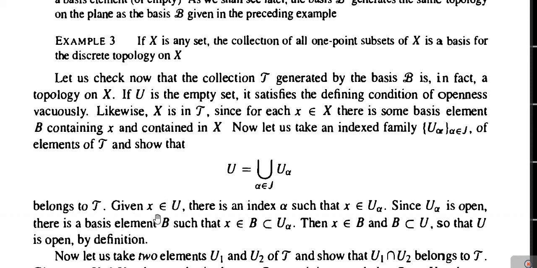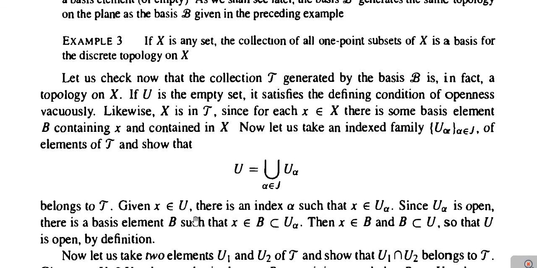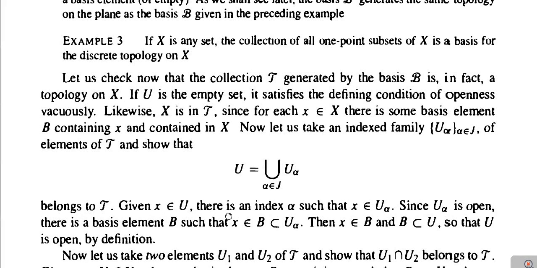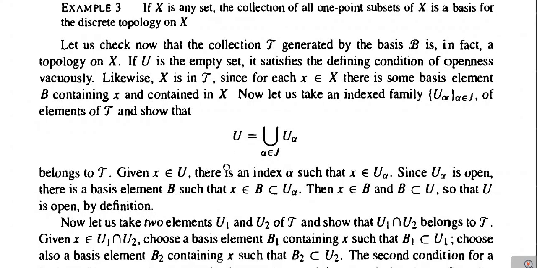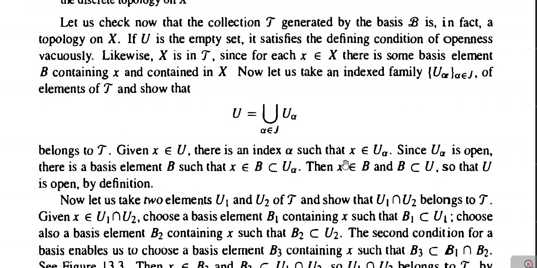For that purpose, consider that small x is an element of U. If small x is an element of U, then definitely there is some index alpha such that x belongs to U alpha, which means that x may be a member of U1, or U2, or U3, and so on.